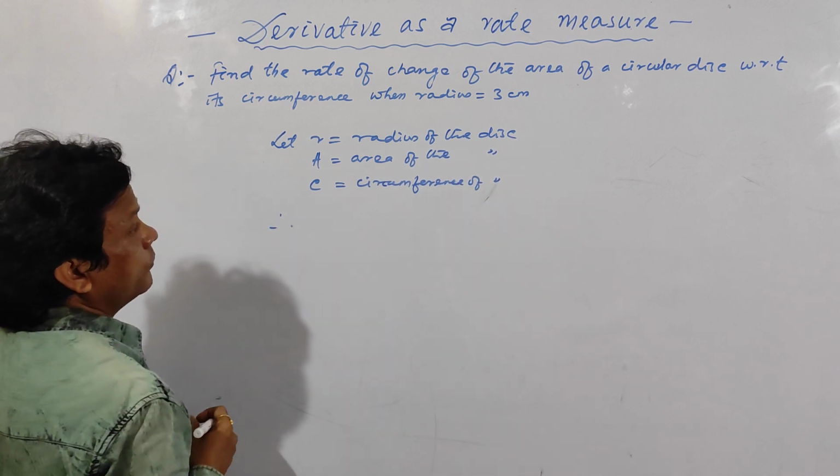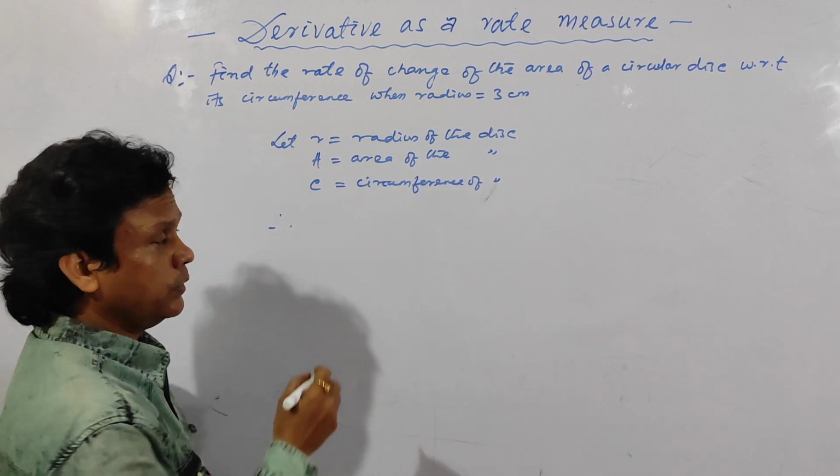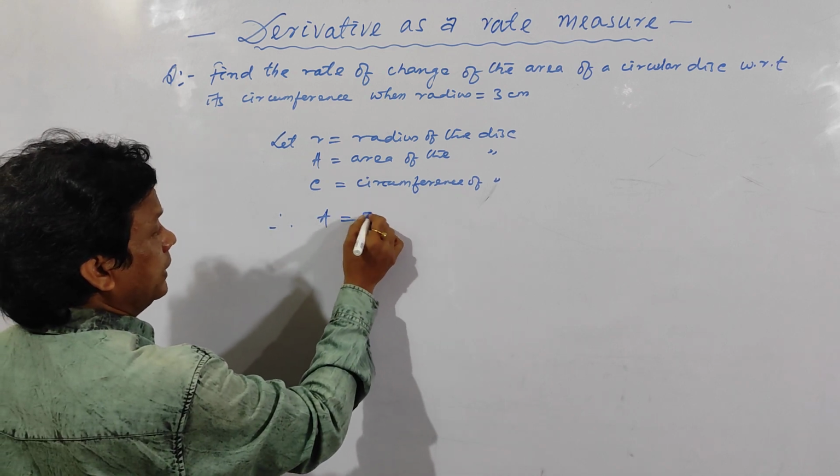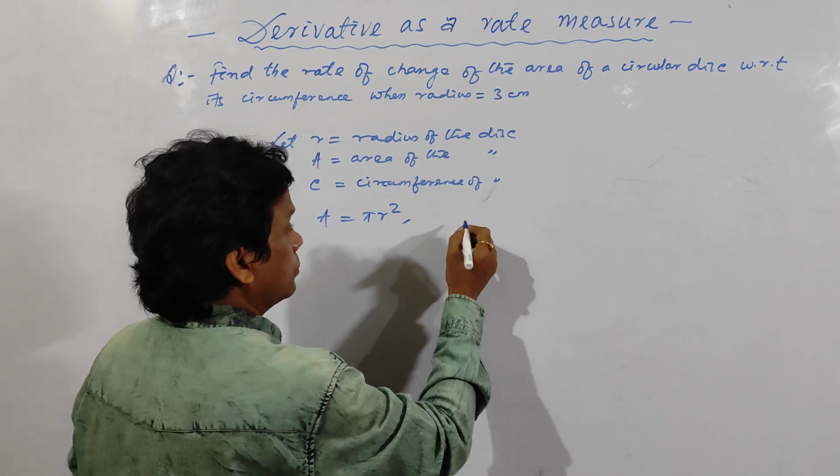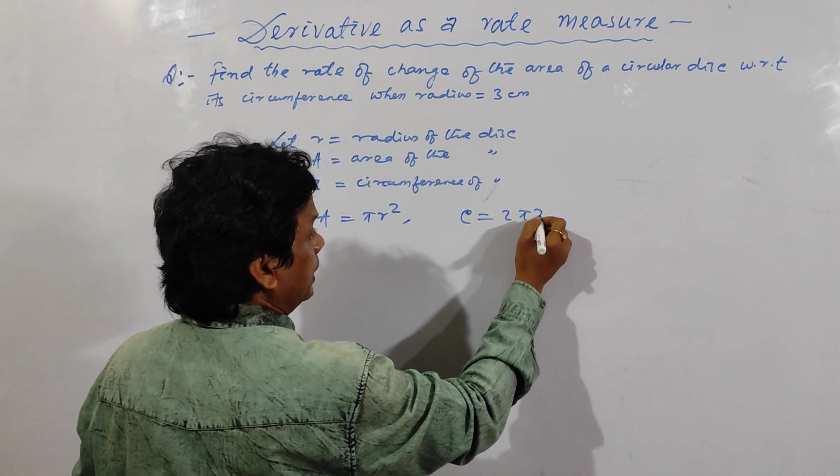So what is the area of the circular disc? Pi r square. Therefore, A is equal to pi r square. And what is the circumference? 2 pi r. So C is equal to 2 pi r.